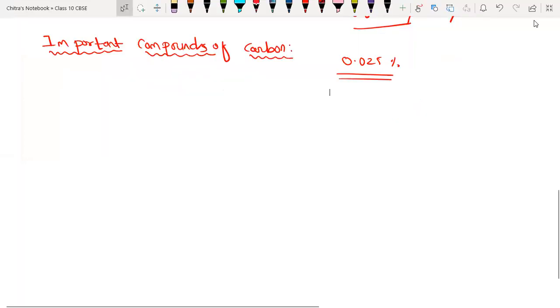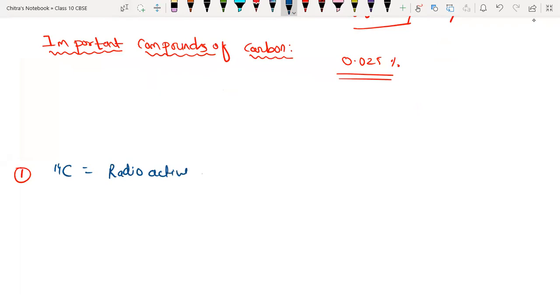Now we have to discuss very important points related to carbon. Number one: the half-life period of carbon-14. As we discussed, carbon-14 is radioactive in nature.